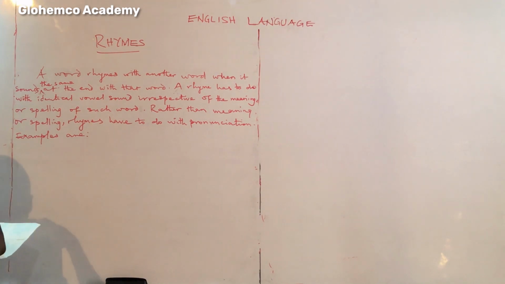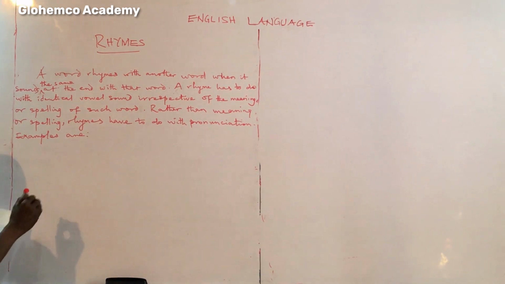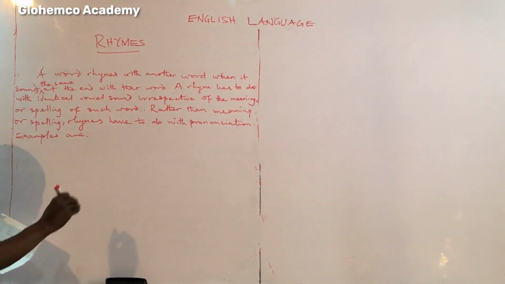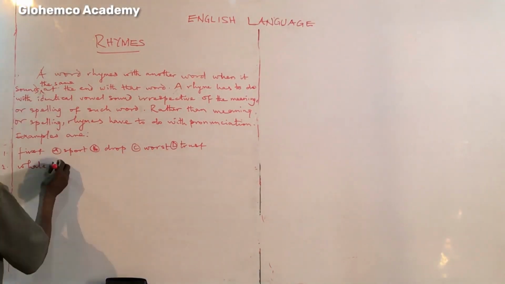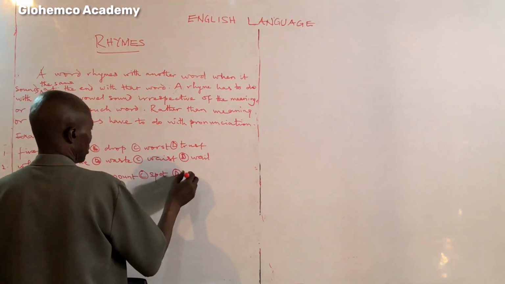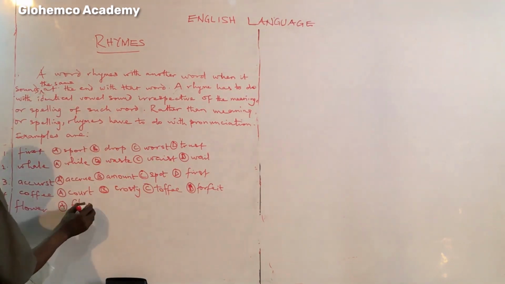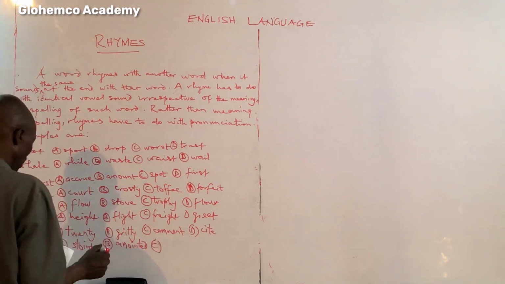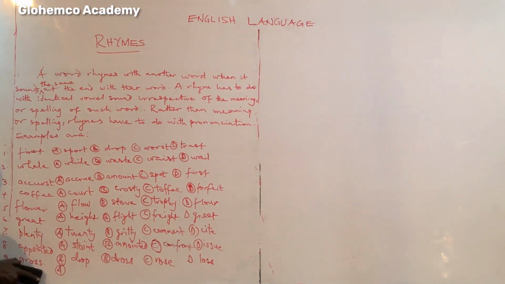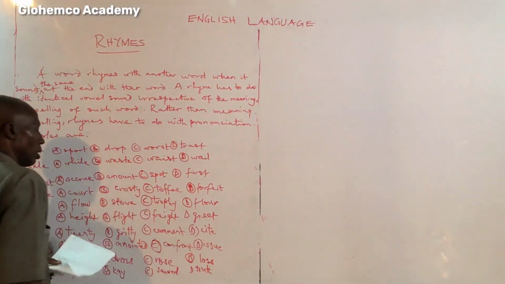So we want to see some examples. I've written some examples here. Maybe I will write out 4 words like options, then we'll be underlining the correct one.